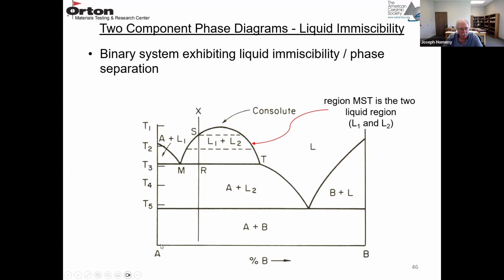So here's the binary phase diagram, A and B. This dome here is two liquids that are immiscible. So the region MST is the two liquid region. It's L1 and L2. So two liquids that don't dissolve in each other.